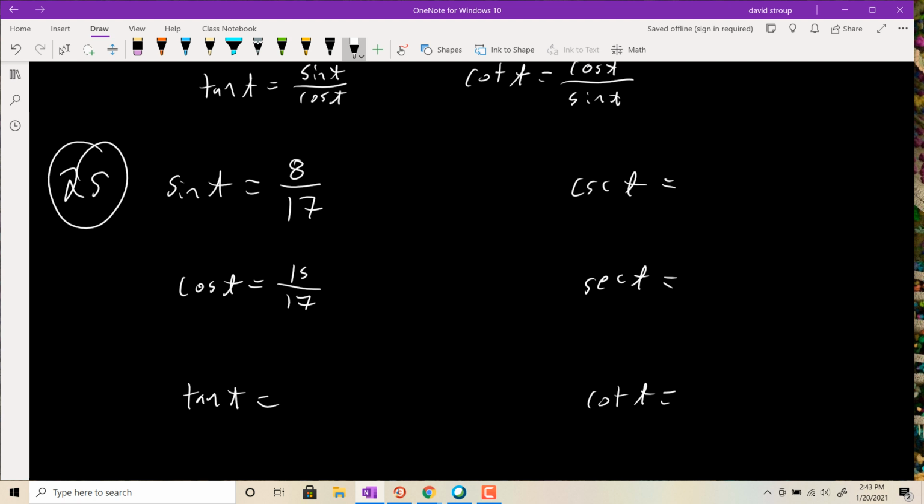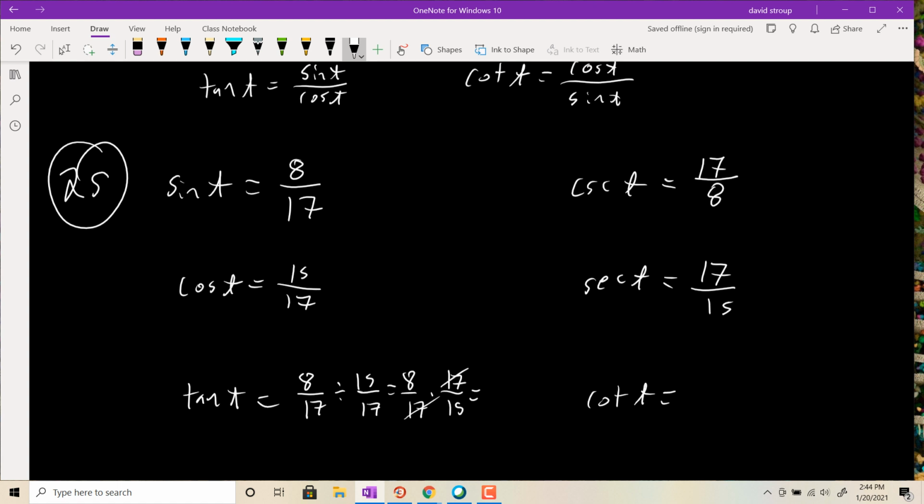So cosecant and secant, you just take reciprocals. In other words, flip the fractions. Okay. For tan, it's sine over cosine. So 8/17 divided by 15/17, which is the same as 8/17 times 17/15.